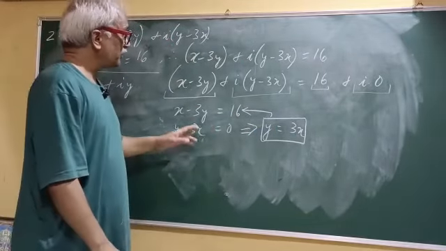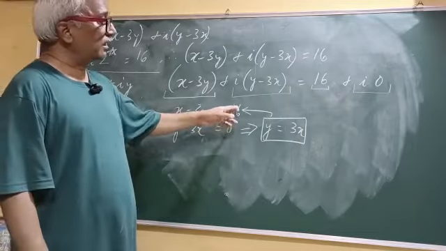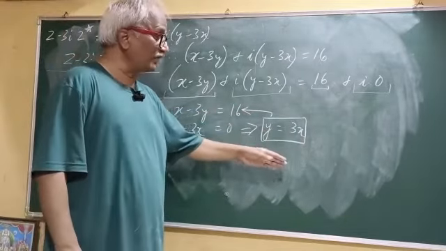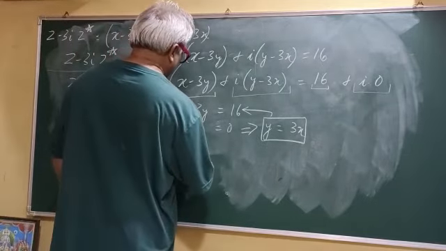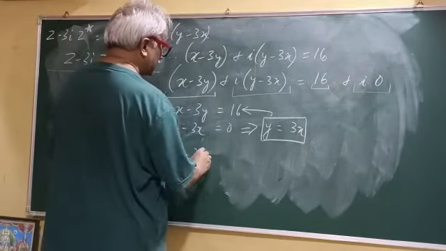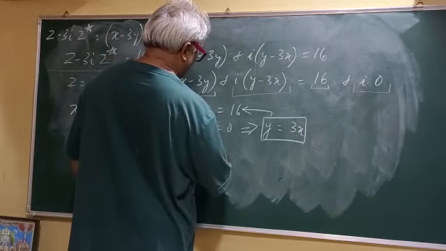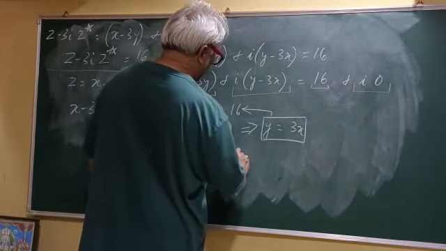In the equation x minus 3y equals 16, I will put y equal to 3x, which I have obtained from here. So x minus 3 times 3x equals 16.